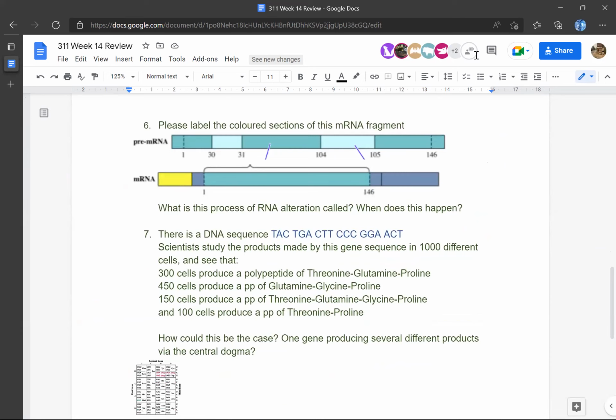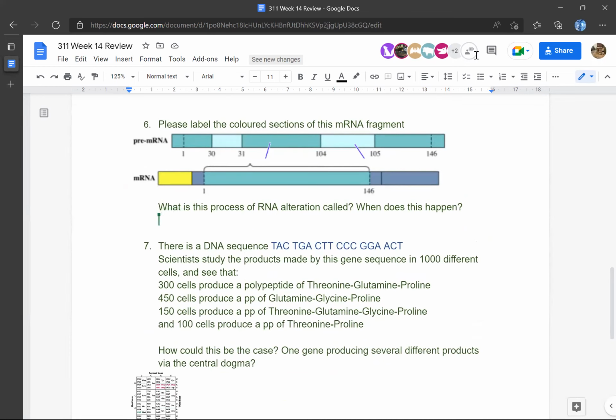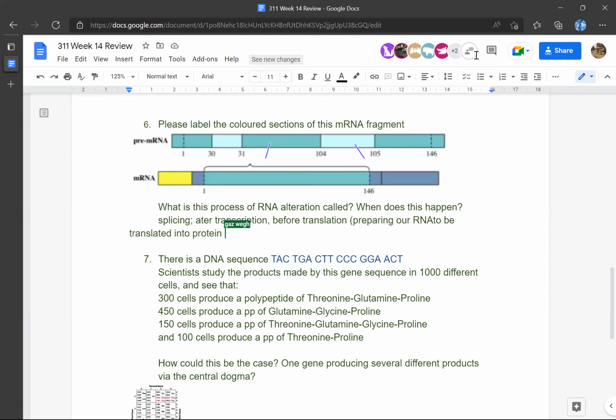And like I said, this is called splicing. It happens after transcription, before translation. Any questions?